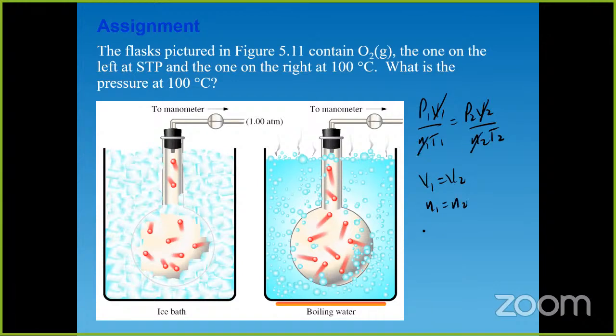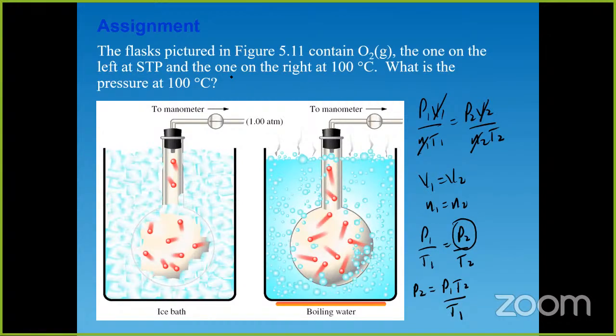So this equation simplifies to P1 over T1 equals P2 over T2, right? What the question is asking for is P2. So therefore, P2 would be equal to P1 T2 divided by T1. So it's all a matter now of putting the numbers in.